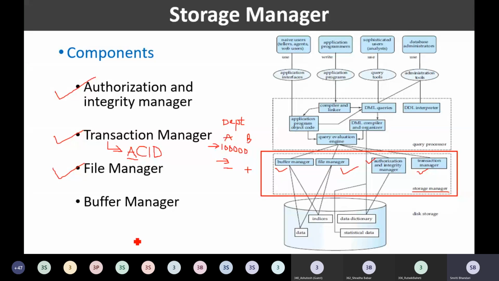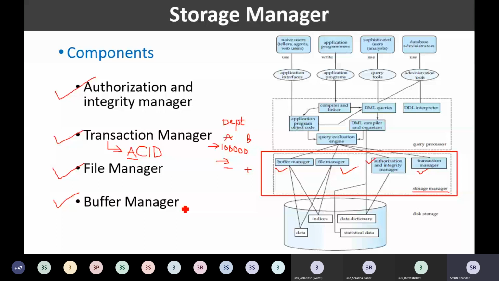So what about this buffer manager? This buffer manager is actually responsible for fetching the data from disk storage into main memory. See, as I mentioned earlier, you might have learned this concept in operating systems.